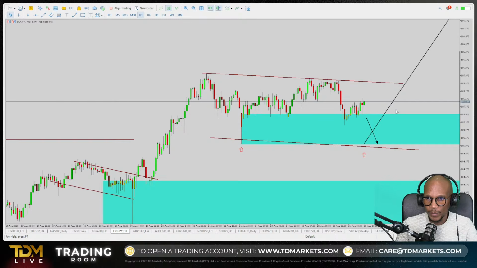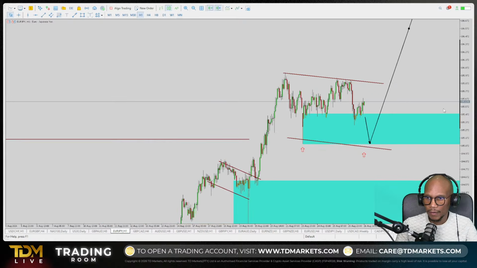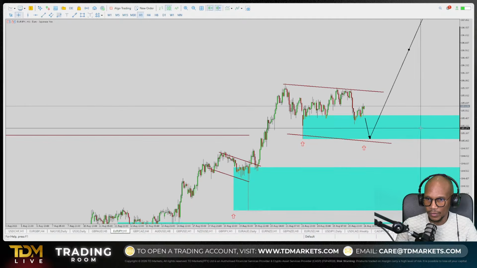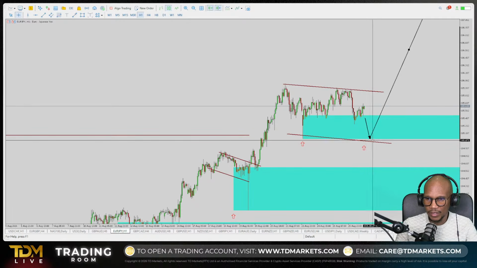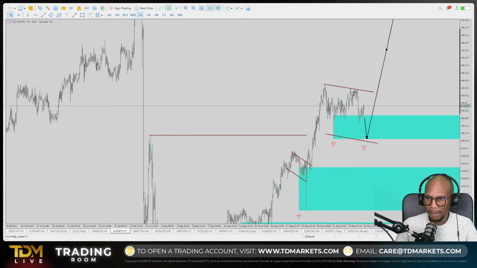So for me to look for buys on Euro JPY, I want it to come back down to this low, right, before we go up. So where it is right now, I don't think I'm going to get a trade. I'm looking for a buy.